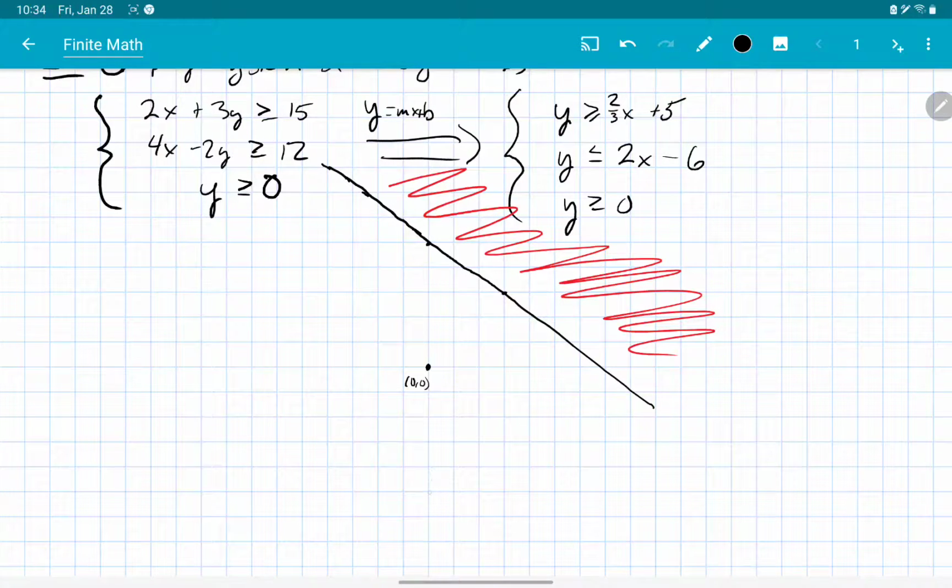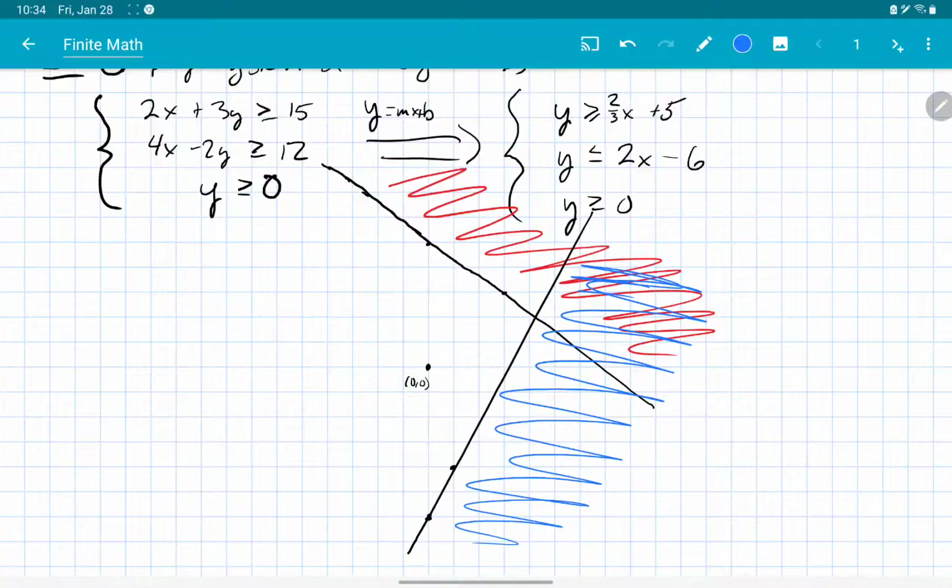Negative 1, 2, 3, 4, 5, 6. So we've got this point here. And the slope is 2, so we go over 1 and up 2. So that is this line here. Draw this with a straight edge, make it look nice. Okay, now we want y to be less than or equal to 2x minus 6. If I plug in 0 into that, I would get 0 less than or equal to negative 6, which is not true. So I'm not on the side of the origin of this line, I am on the other side. So that blue region is the second inequality.